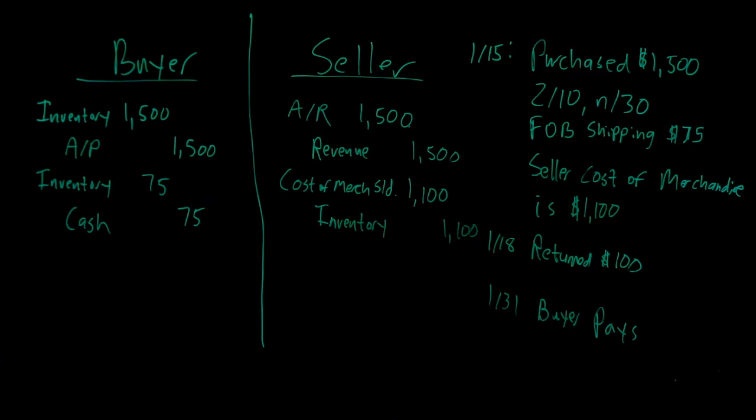Because inventory is going out the door, we have to credit inventory for the cost of the inventory that went to the buyer. So the cost of our merchandise sold is $1,100, but from the buyer's standpoint, their cost of the inventory is $1,500, what they're paying for it.